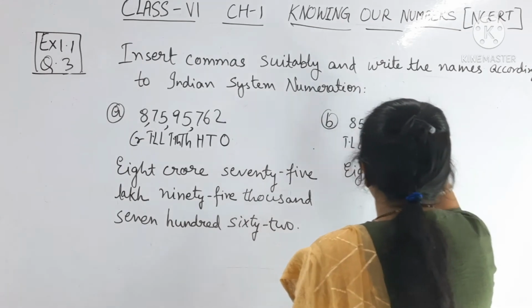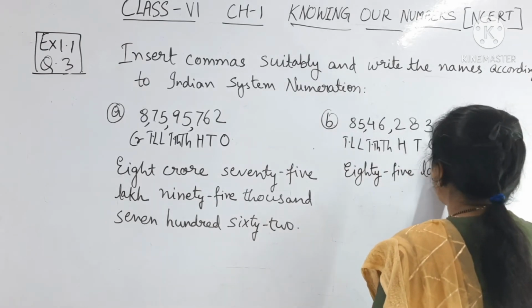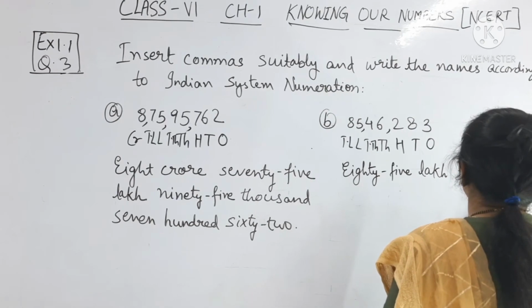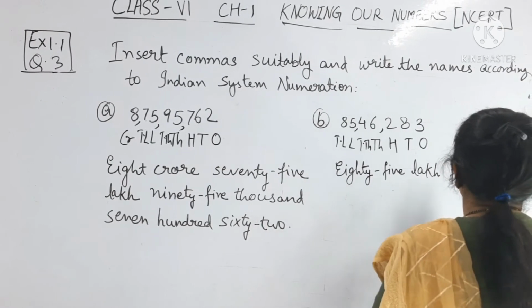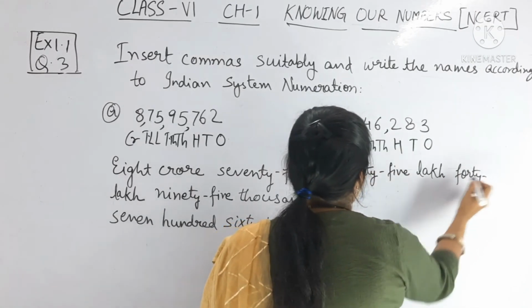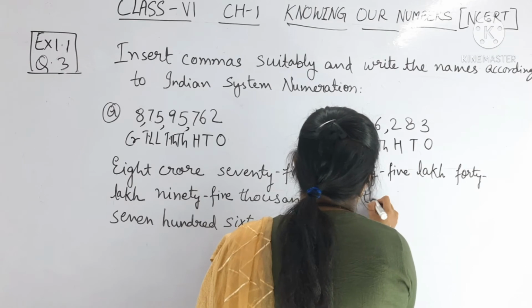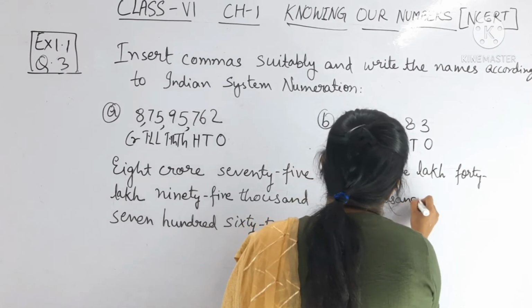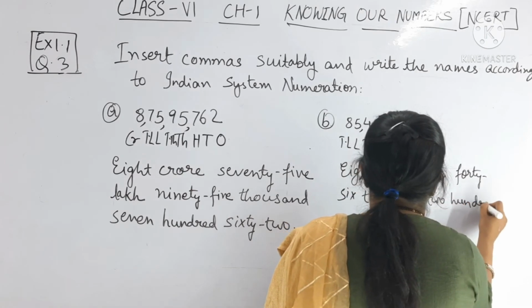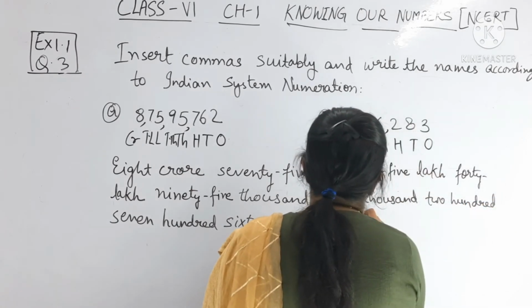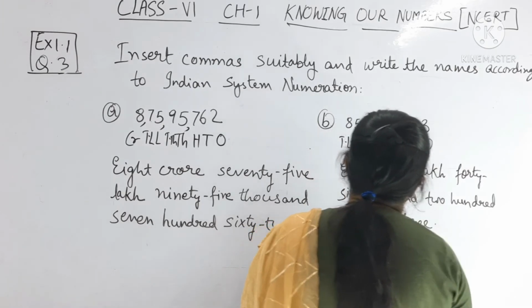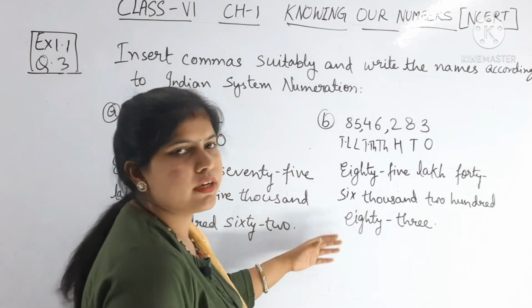It is the lakh family. So 85 lakh 46,000 283. So like this you can write the number name of the B part.